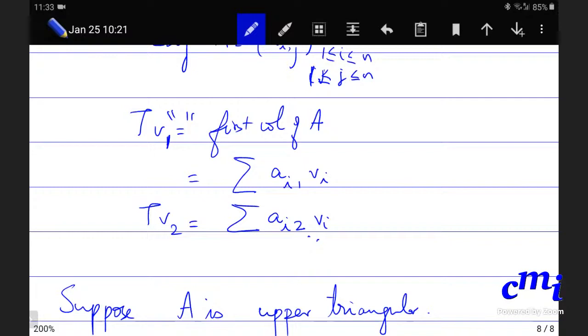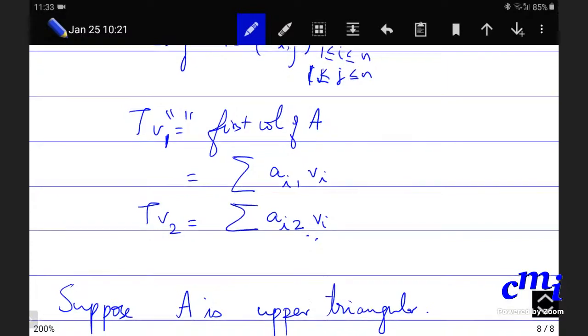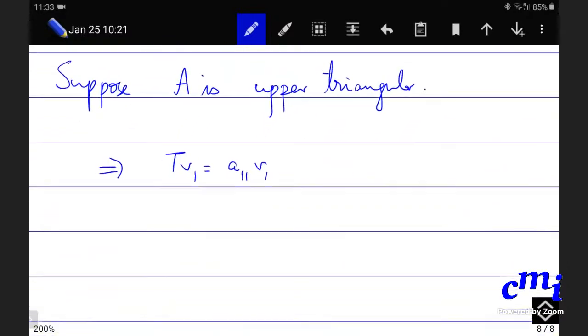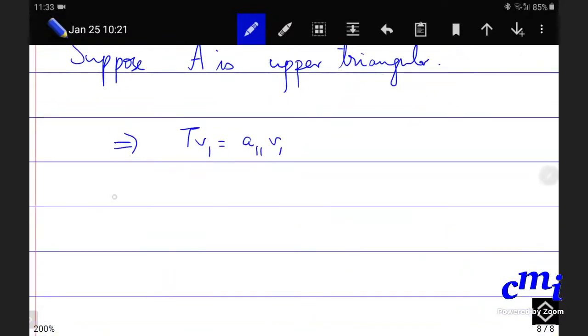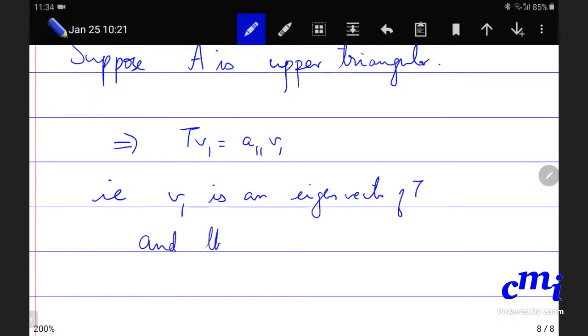So that is the observation. V1 is an eigenvector of T, and the associated eigenvalue is A11.